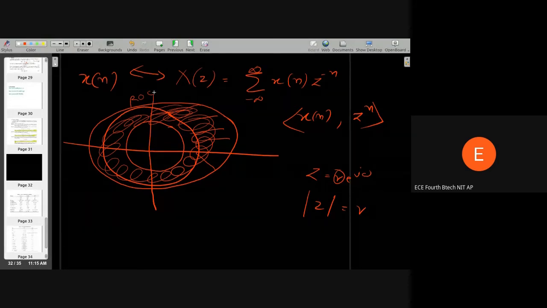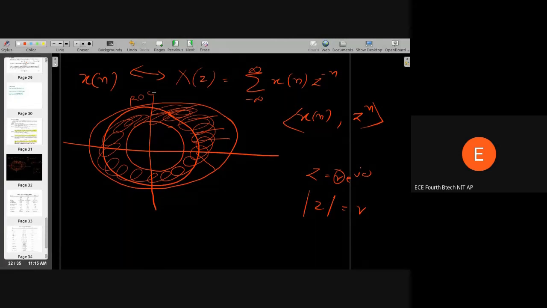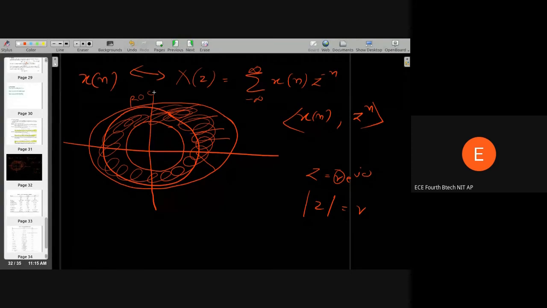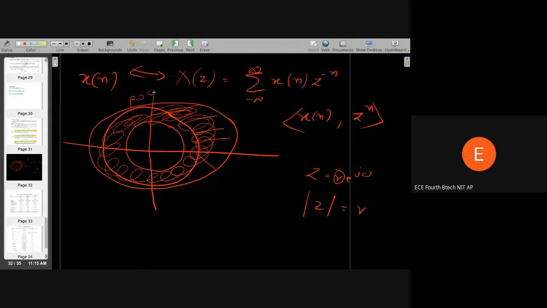Now why Z transform and Laplace transform are very useful is that they give rise to a form which we call a pole zero form. Once you evaluate the Z transform or Laplace transform, you can represent it in a rational form or a pole zero form.